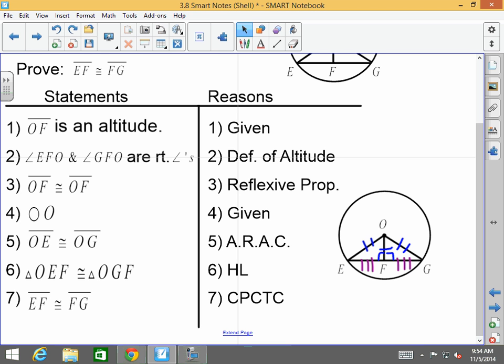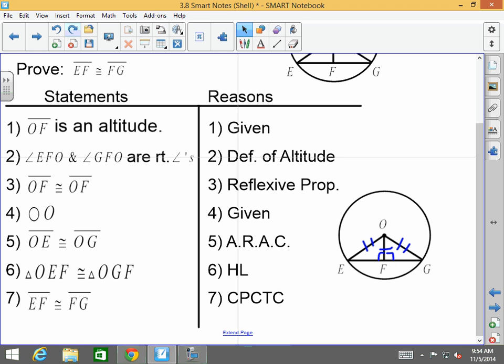I just don't get how I could use side angle side. Let me go back again. I appreciate it greatly. I have proven up to here, son. How can you prove side angle side here? Correct. You don't have side angle side.